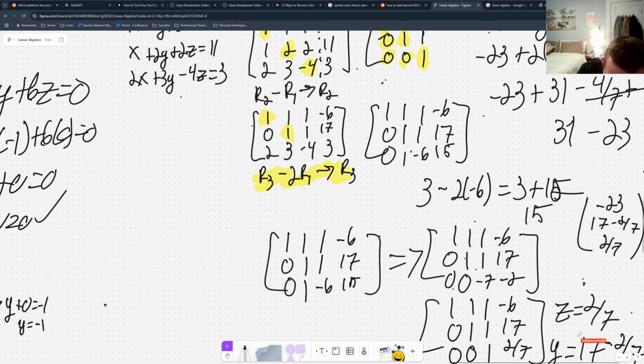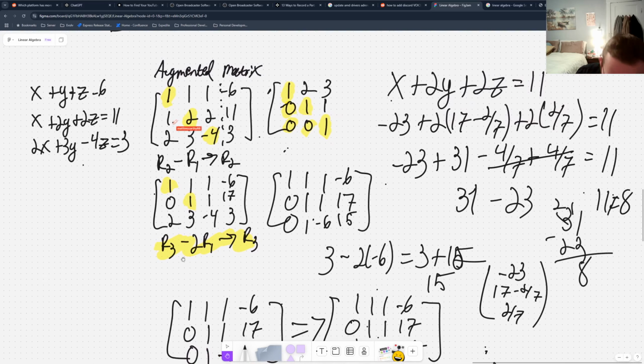Which makes sense. So let's see if I can catch the mistake. It must have been earlier. R2 minus R1 is 0. Sorry, make sure I'm following.